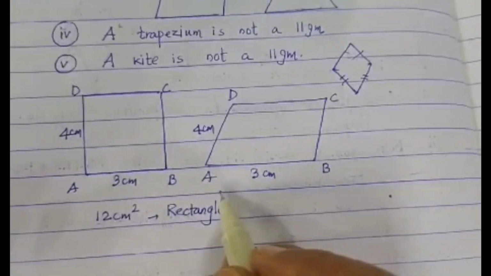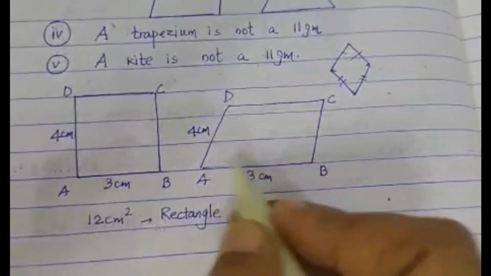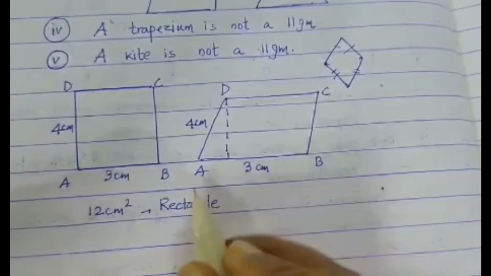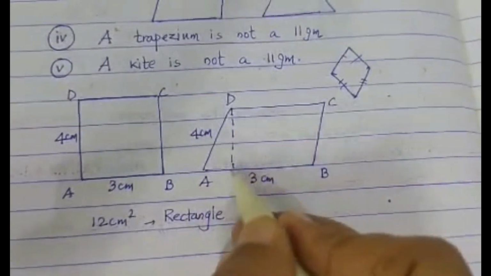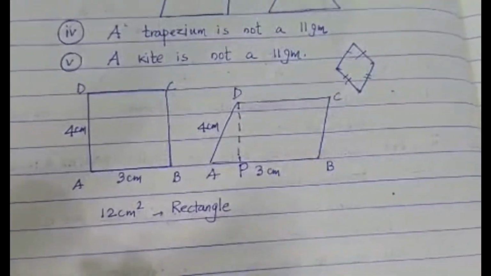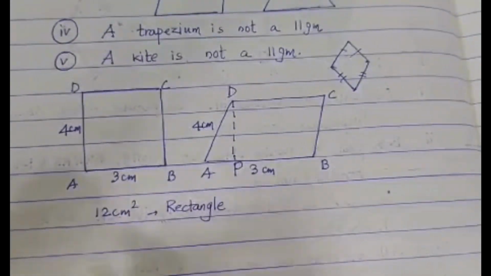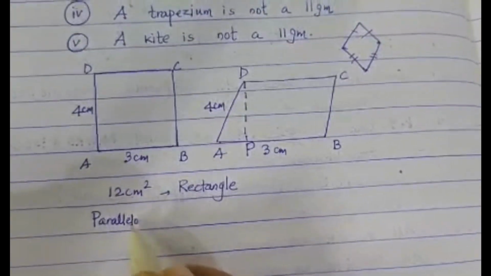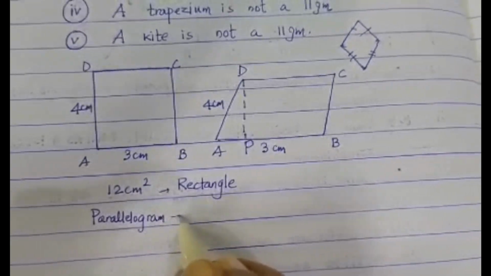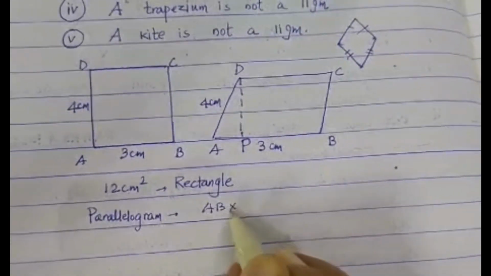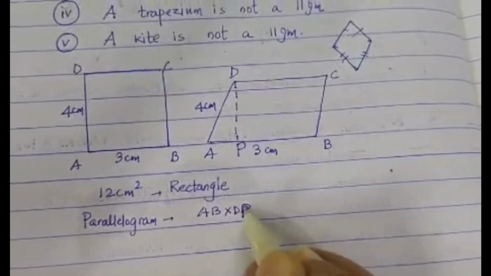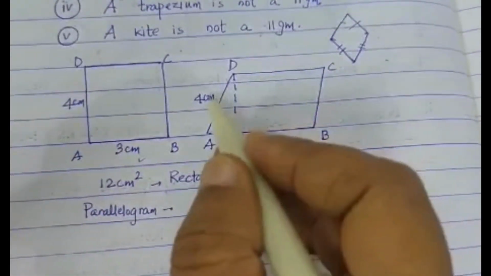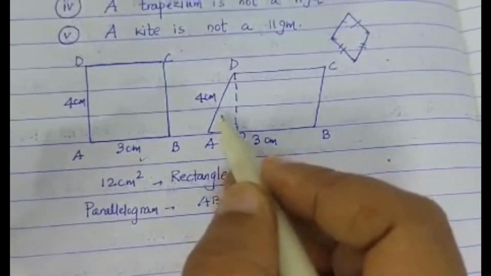And what is the area of a parallelogram? It is the perpendicular from here multiplied by one side AB. Let us suppose this is DP. So the area of the parallelogram is AB into DP. Now this AB is the same 3, but DP is going to be less than DA or AD.